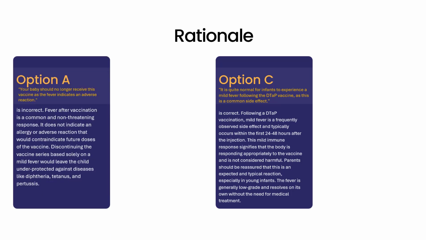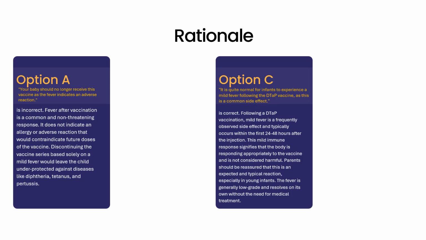A is incorrect. Fever after vaccination is a common and non-threatening response. It does not indicate an allergy or adverse reaction that would contraindicate future doses of the vaccine. Discontinuing the vaccine series based solely on a mild fever would leave the child underprotected against diseases like diphtheria, tetanus, and pertussis.